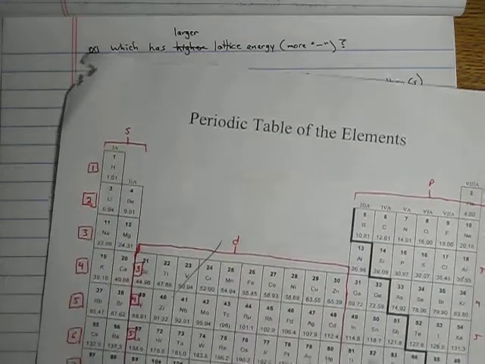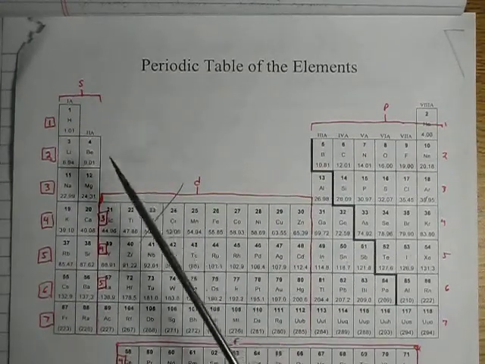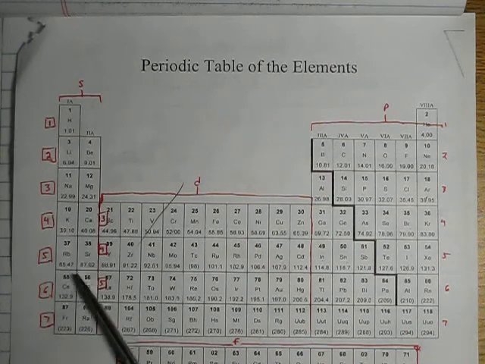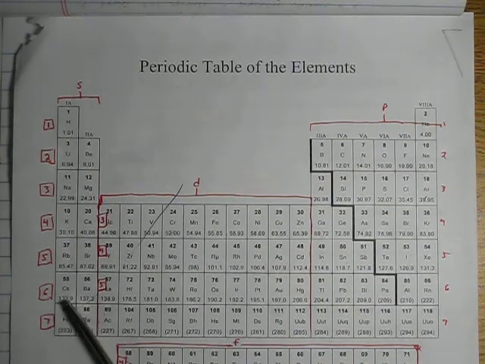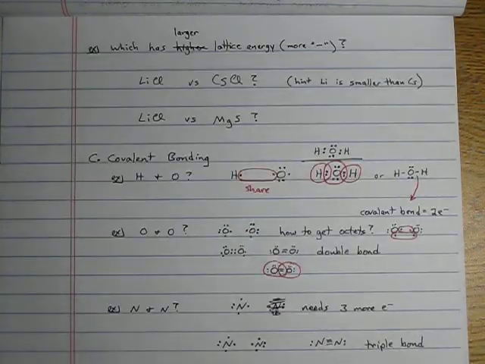If we look at the periodic table, we see Li is up here, Cs is way down here, which means Cs is larger than lithium. The cesium ion is larger than the lithium ion, and we found out if the ion is larger, that means the radius, r, the distance between the two, is also larger, a less strong attraction.